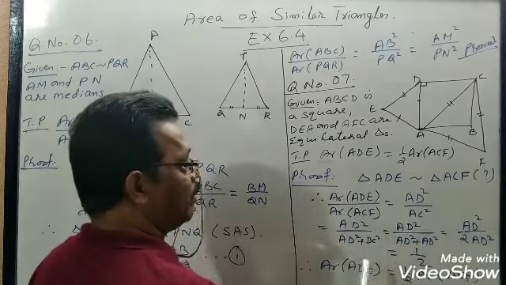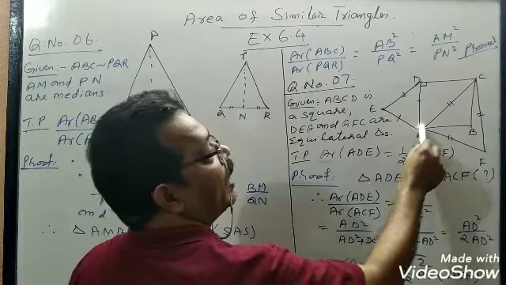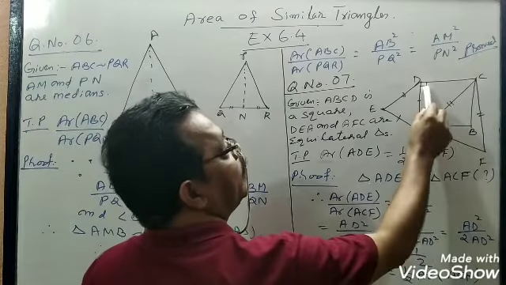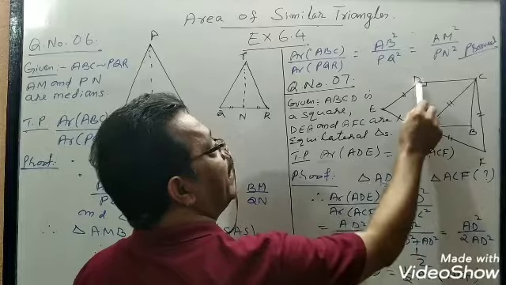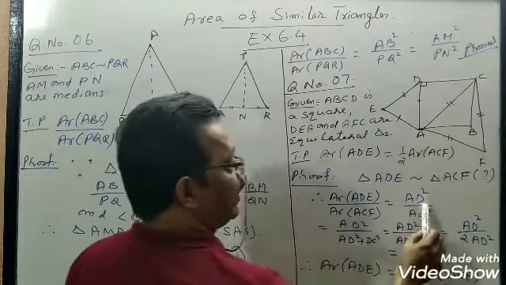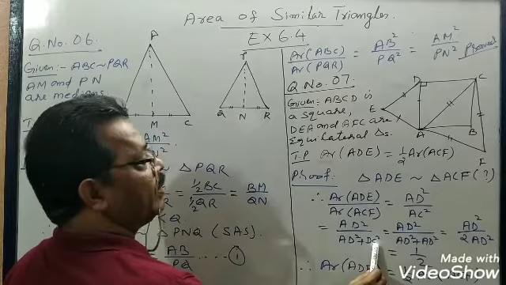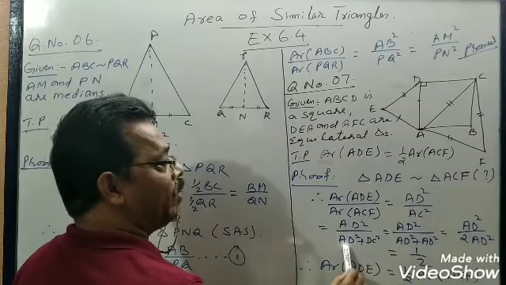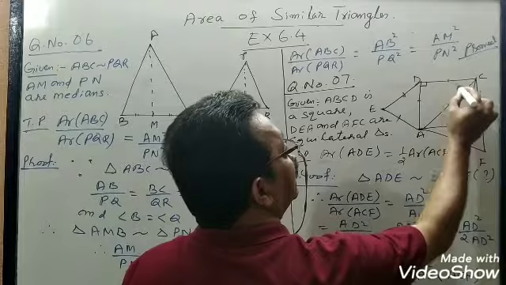That is AD square by, what is AC square? AC is a hypotenuse. In right triangle, you know that this angle will be 90 degree. Therefore, AC square equal to AD square plus DC square we can take. But DC equal to AD only, because in a square, all sides are equal.